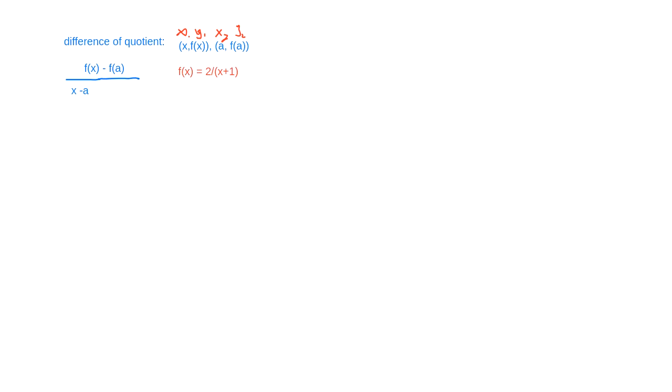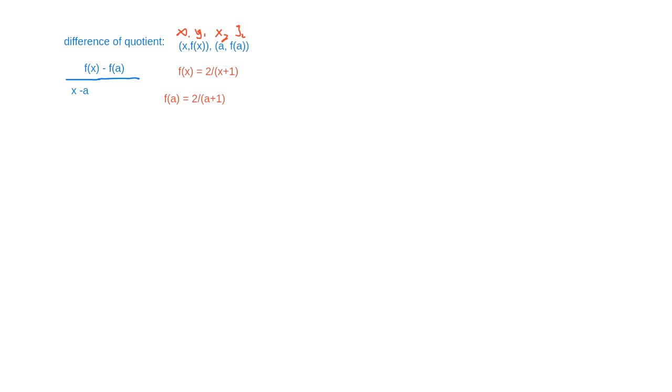Okay, so let's find out f of x, we have here. Let's find out f of a. James, can you tell me what's f of a? Just substitute x with a, right? Yes. So f of a becomes 2 divided by a plus 1. Right?